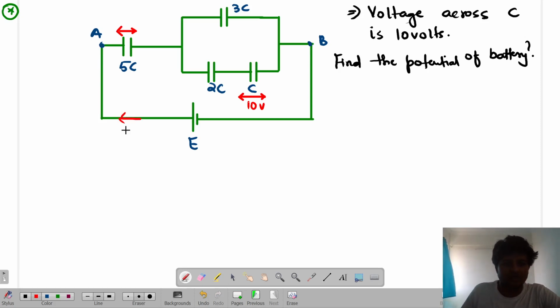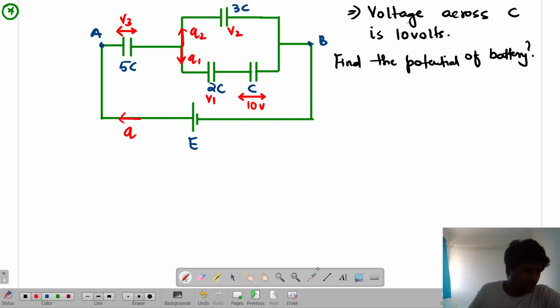If I supply total charge as Q, let's suppose the net charge in this part is Q1, and net charge in this part is Q2. Let us suppose the voltage across this is V1, voltage across this is V2, and across this V3.